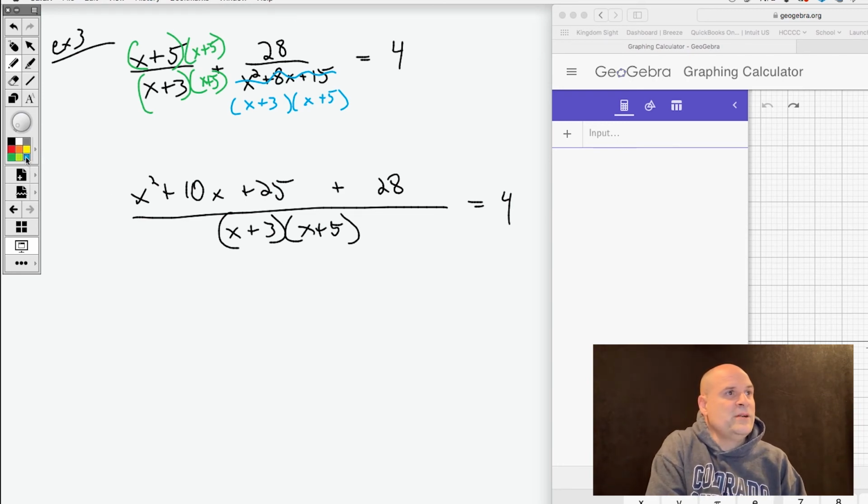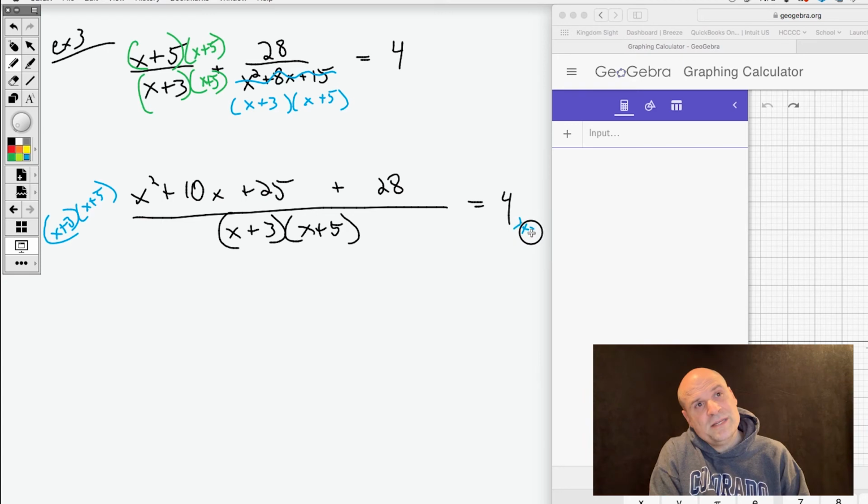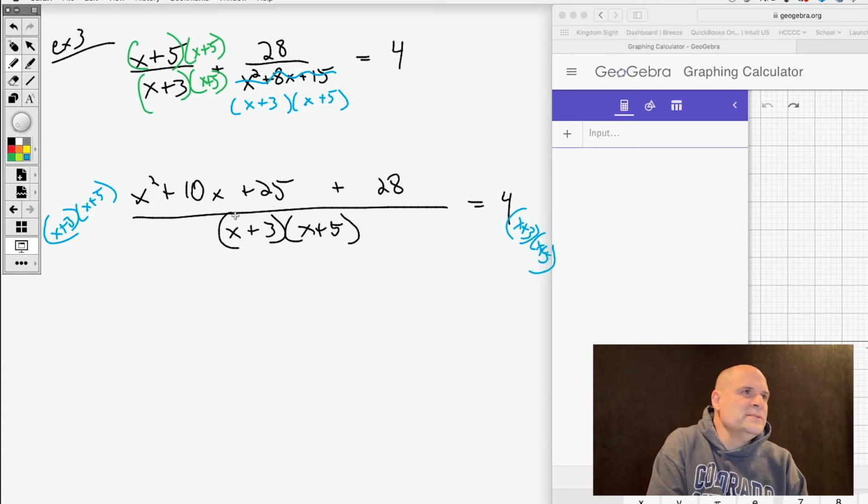So let's get rid of our only denominator, which is this x plus 3, x plus 5. Whatever you do to one side, do to the other. x plus 3, x plus 5. Okay? So then these would cancel on this side, right?